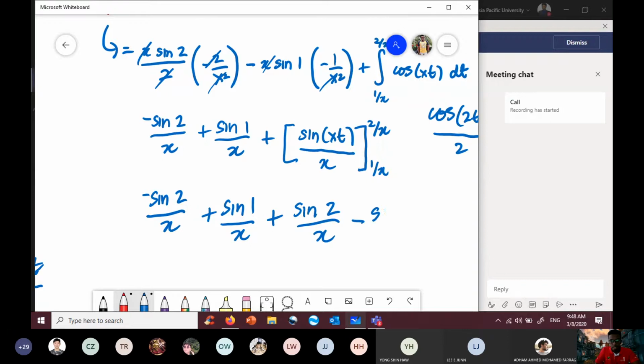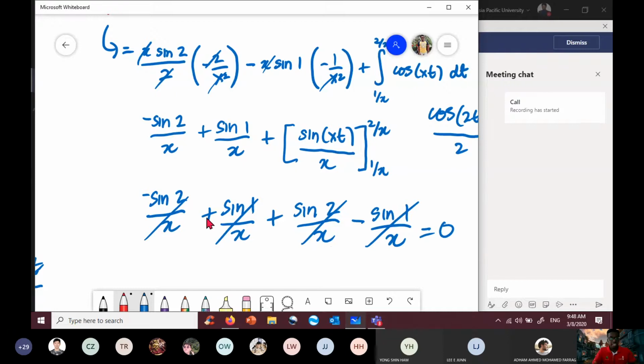So you have just 1. Okay, and finally, negative sine 2 over x plus sine 2 over x, sine 1 over x minus sine 1 over x. The final answer is just 0. In this case, everything cancels out. You only get 0. Okay, so I know it's an extremely long process, but that's how it works.